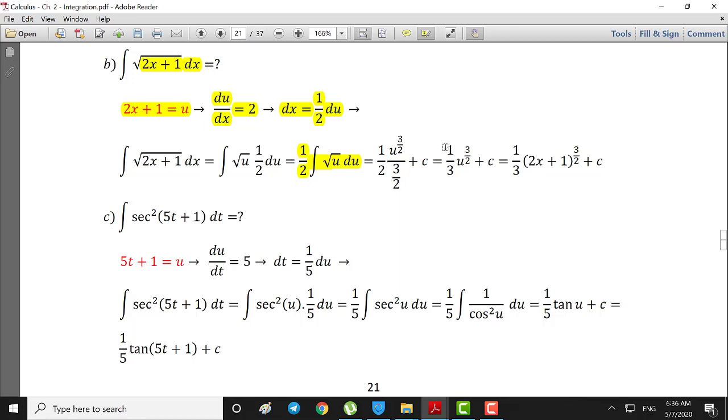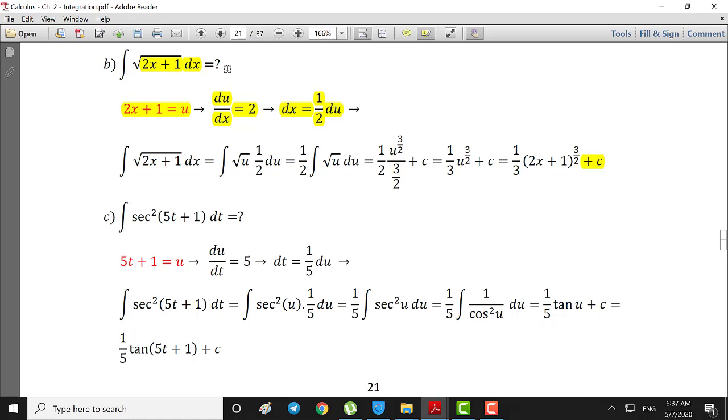Now, if we do the simplifications, we're going to reach this. And we have to remember to replace this u with the function it stood for originally. So we have to replace u with 2x + 1. If we do that, we're going to get this.